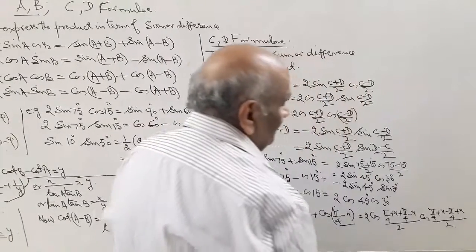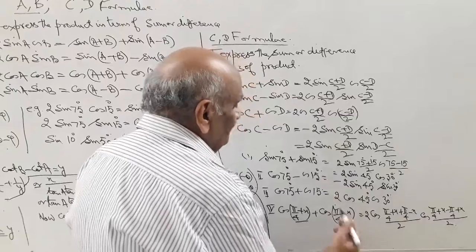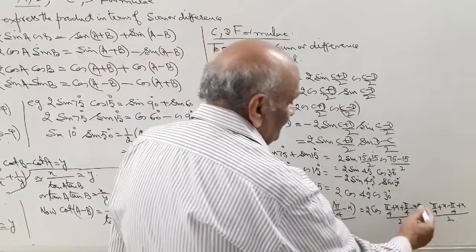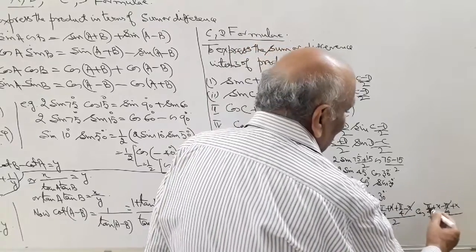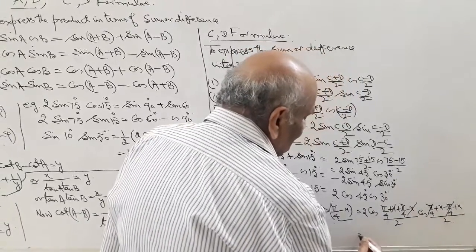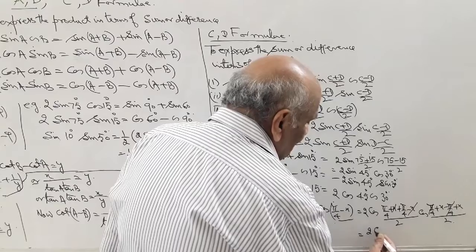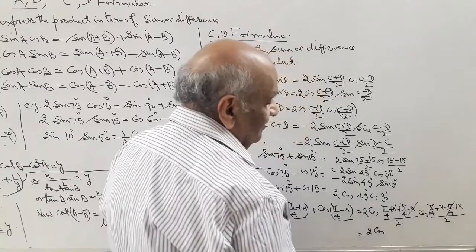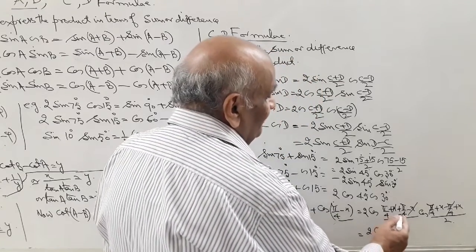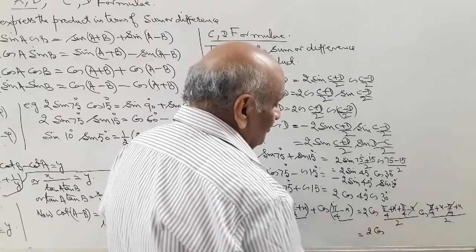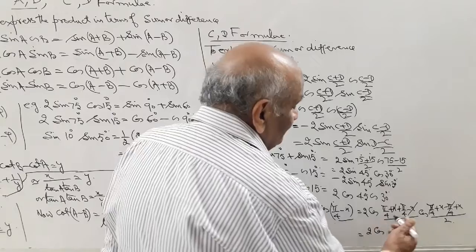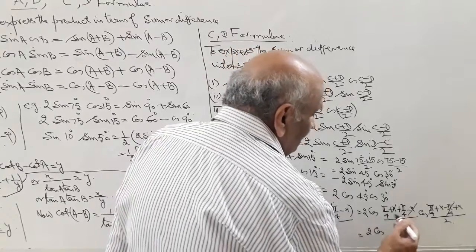So when you simplify cos C, the third formula, this x will go here, pi/4 will go. This is 2 cos, look, pi/4 plus pi/4 is pi/2, which is 90 degrees, with 2 in the denominator.